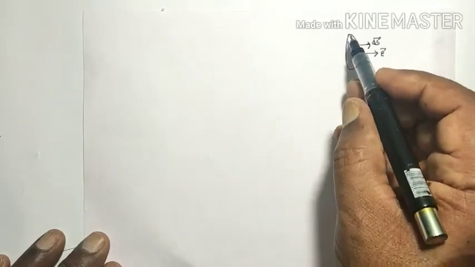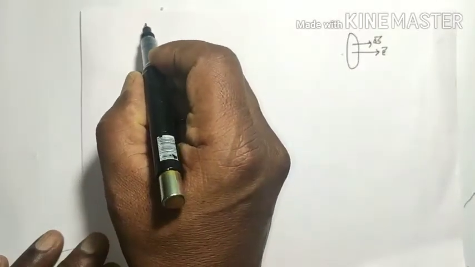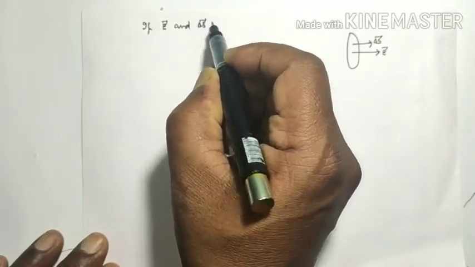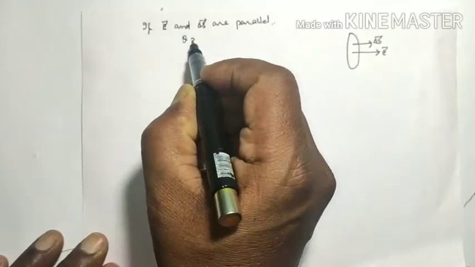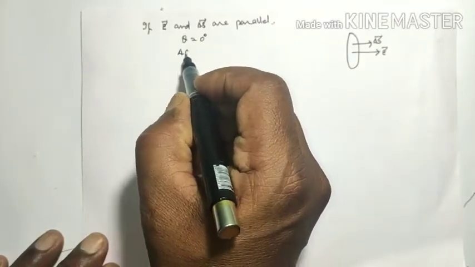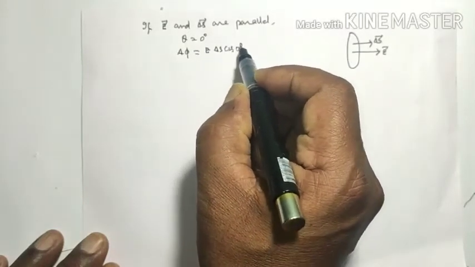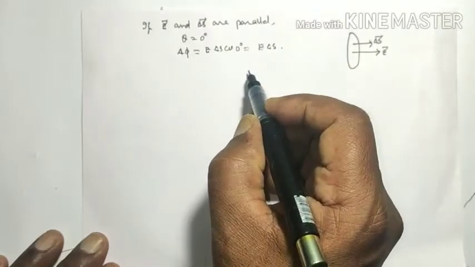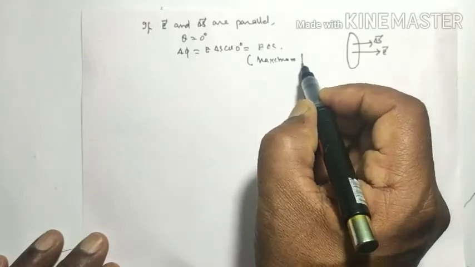Area vector is normal to the surface. If E and delta S are parallel, theta equal to 0 degree. So flux delta phi is equal to E delta S cos 0 degree, that is equal to E delta S. So this is the maximum flux.